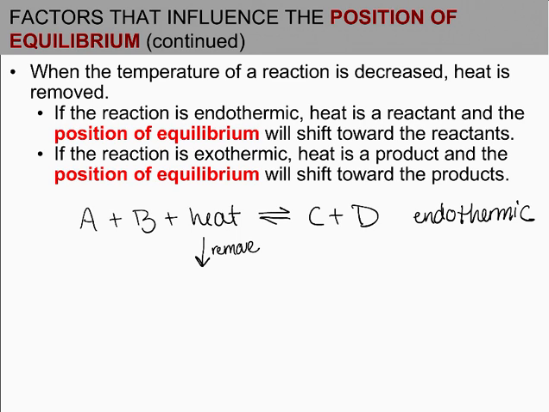So the products will naturally want to replace that reactant we lost so we can reestablish equilibrium. So if the reaction is endothermic and we remove heat, then the position of equilibrium will shift toward the reactants.